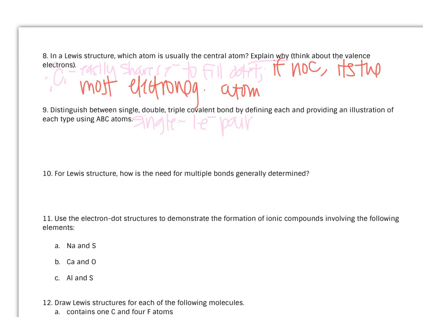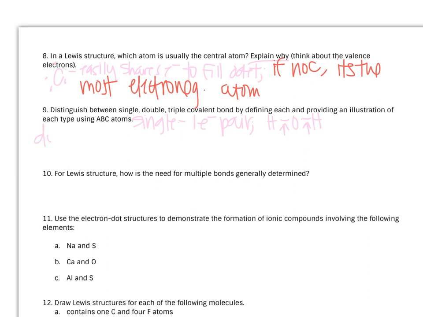So pair, there's 2 electrons in a single bond. An example of this using actual atoms is going to be H2O, where you have hydrogen and then oxygen and then hydrogen again. So here we have 2 single bonds.